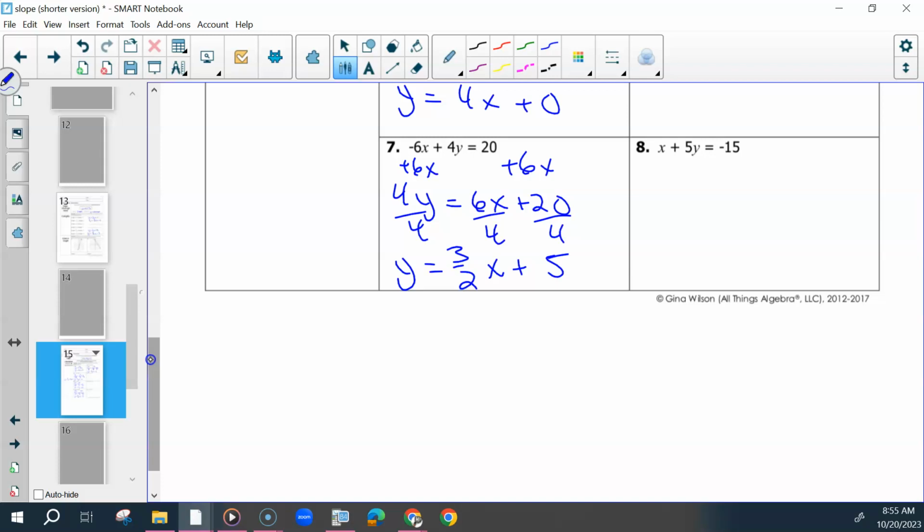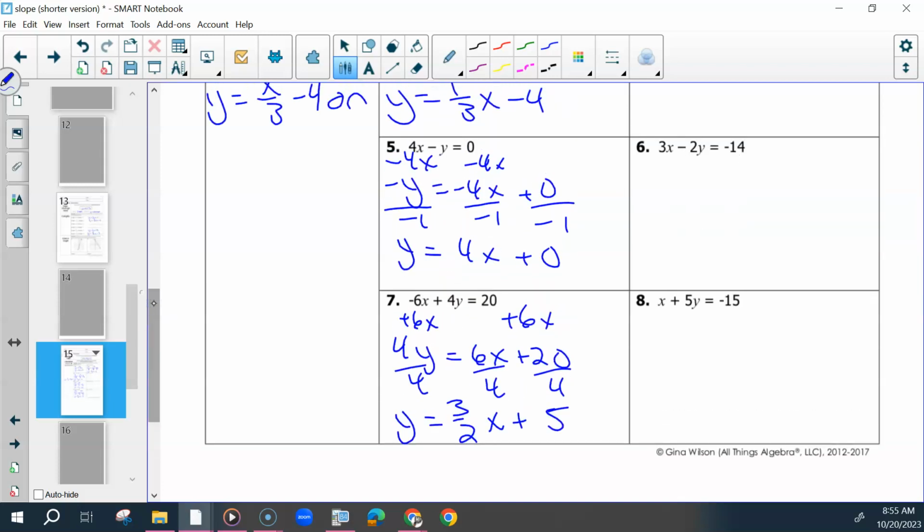Do you have any questions on how to convert standard to slope-intercept form? I want you to try number 6. When you finish that, raise your hand, I'll come check it. If you finish that before we go over 6, you can try 4 and 8, and I'll give you a couple.